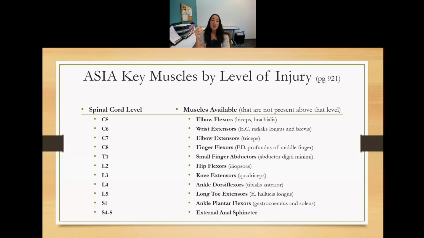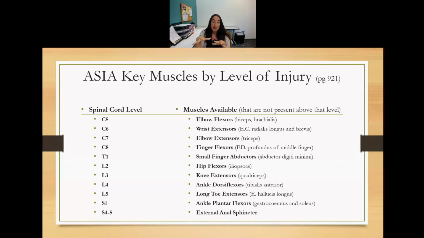But if they had an injury above that level, they would not. So C6, wrist extensor. Basically that means with C6, they have wrist extension, but with C5, they're not able to do that. It's more floppy. C7, elbow extensors. C8, finger flexors. T1, small finger abductors.